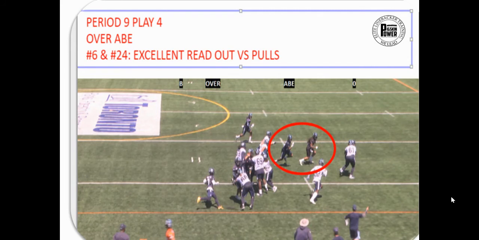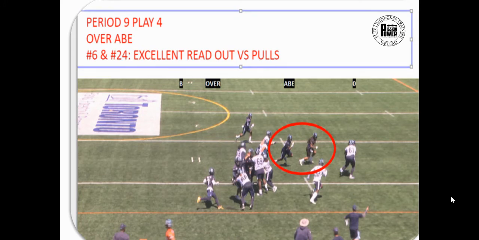Okay, now, another way to see if they truly see it, this is over 8. Very easy. It's a 6-man AB gap blitz. Number 6 and number 24 were to be blitzing the A and the B gap. So in an overlook, the front side, the Mike linebacker would have the A, and the Will linebacker would have the B. The Will is to our right here, the other's to the left.